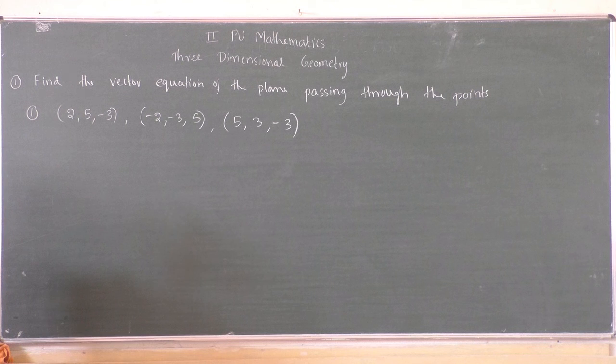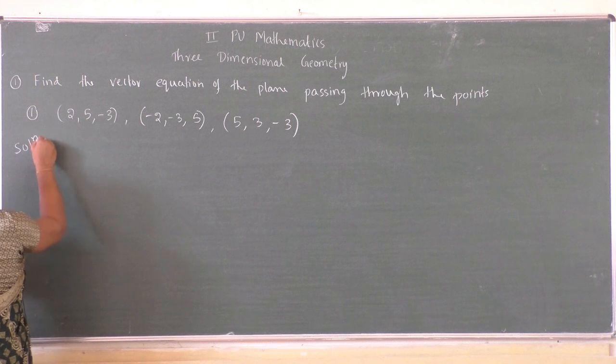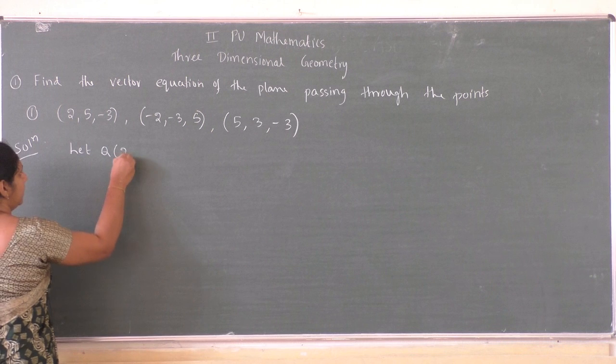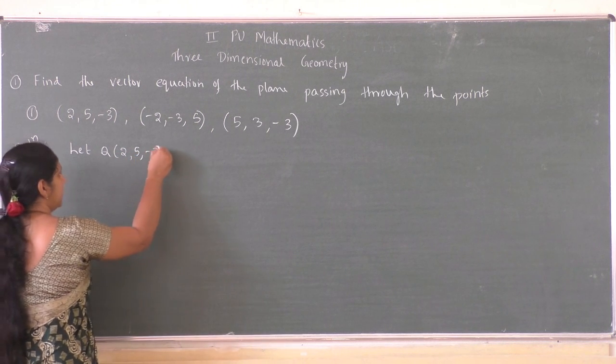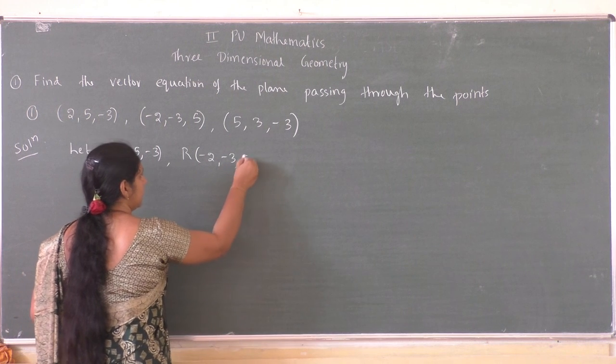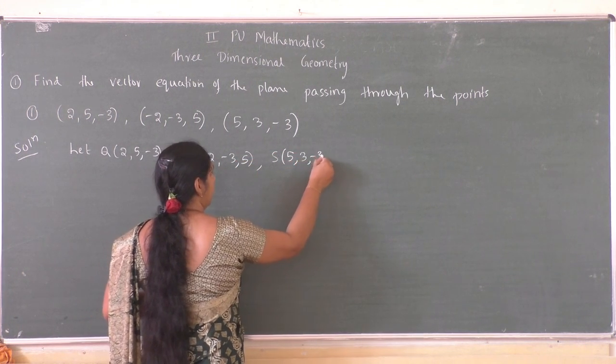So first we have to check whether the given points are collinear or not. Here I will take the given points as, let Q be 2, 5, minus 3, R minus 2, minus 3, 5, and S 5, 3, minus 3.